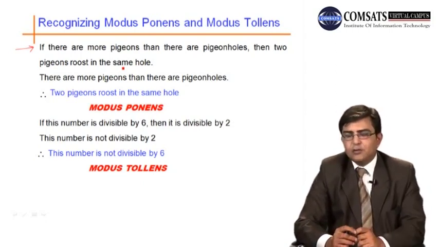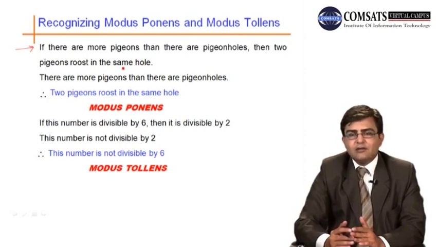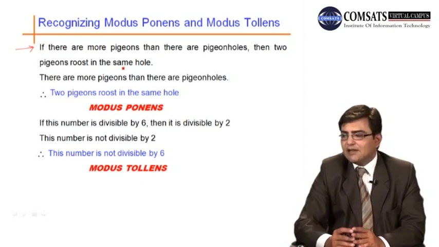So if there are more pigeons, अगर कबूतर ज़्यादा हैं और कबूतरों के पिंजरे जो हैं वो कम हैं, तो दो कबूतर जो हैं वो एक ही पिंजरे में बैठेंगे. This is basically compulsory, ये लाजमी है.